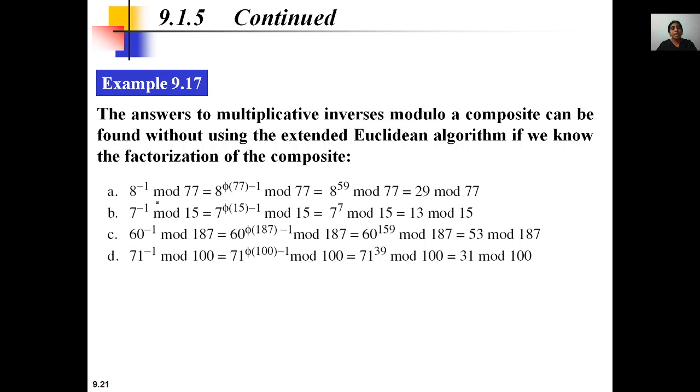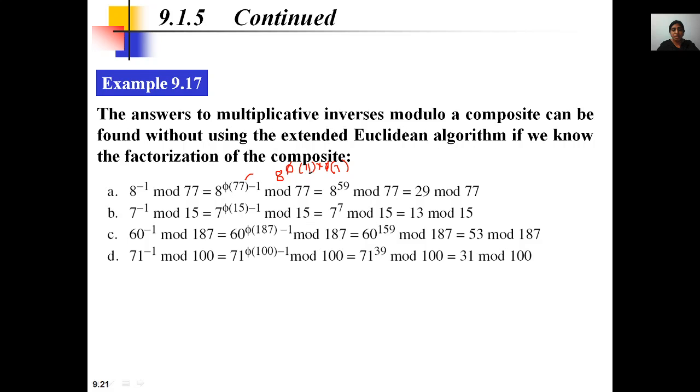Here 8 inverse mod 77 can be written as 8 power phi of 77 minus 1 mod 77. Now this 77 can be written as 11 into 7. Now for 11 into 7, you can write this value as 8 power phi of 11 into phi of 7.